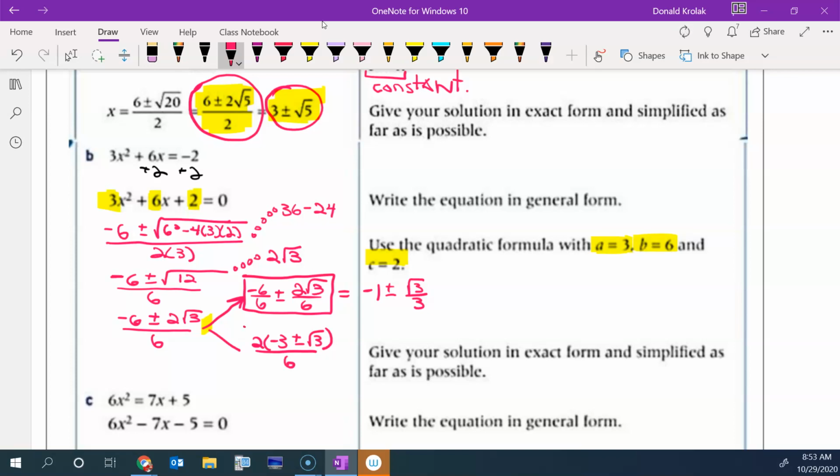Now you'll get the exact same thing if you did it this way. The 2 and the 6 reduced. And then if I broke that up into two fractions, I get the same answer.